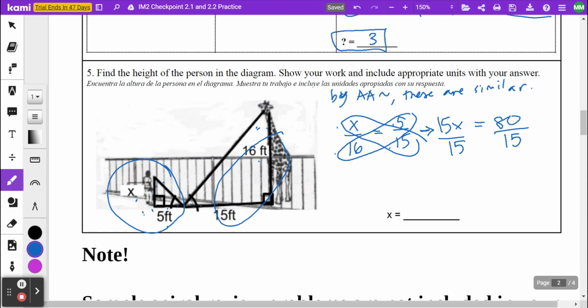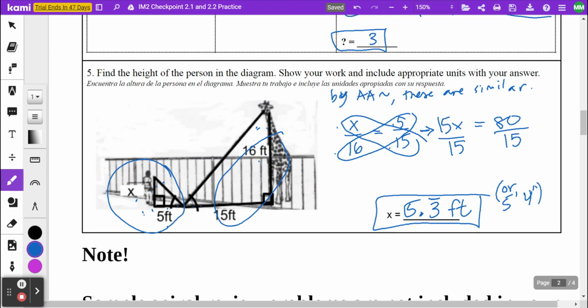What's 80 divided by 15? It's 5.33 feet, 5.3 repeating feet. The person is 5.3 repeating feet tall. Or if you're used to this system of measurement, 5 feet. What's a third of a foot? A foot has 12 inches, divided by 3 is 4. So 5 foot 4 inches.